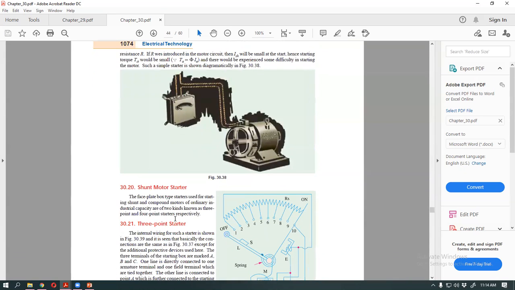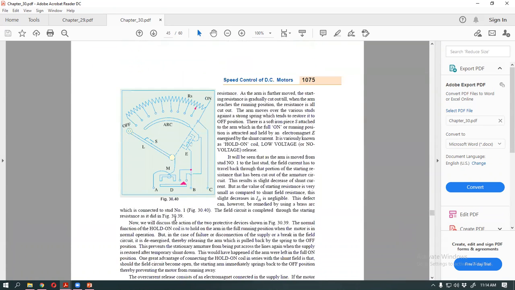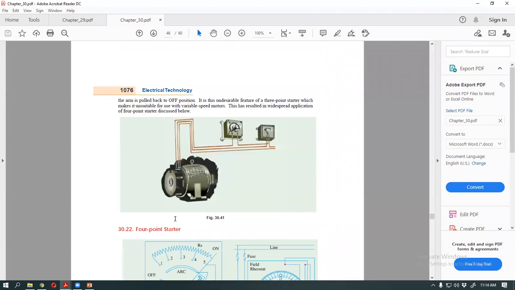Sir, do we have to write all these things, or do we have to arrange them like some questions? Yes, just describe the starter. At first point, the starter. Which page?